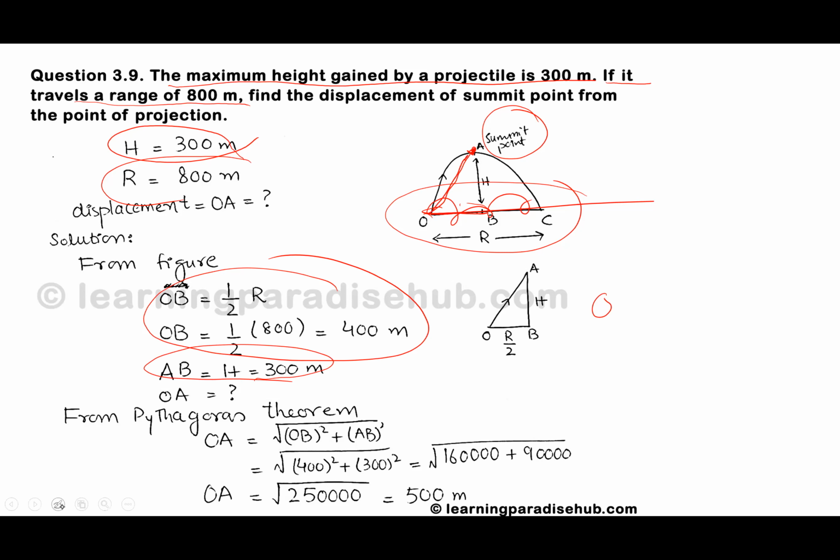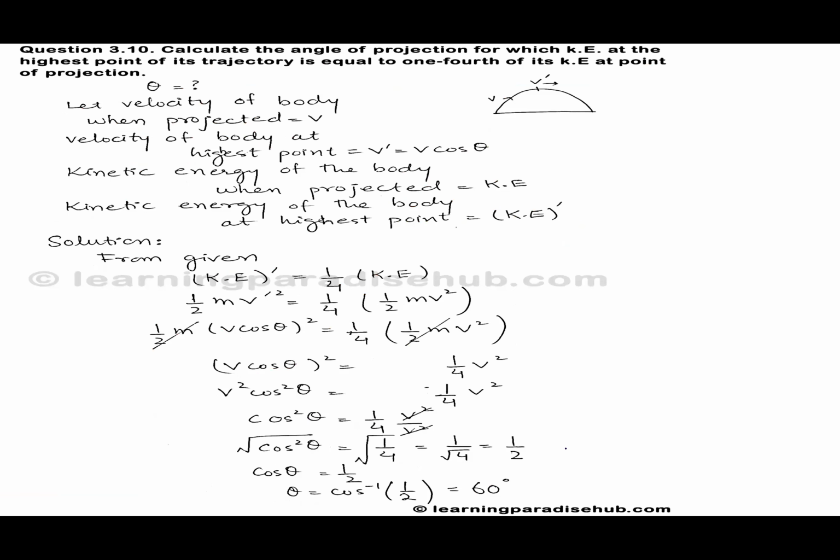I will change the color. This is the displacement. By Pythagoras theorem, OA squared is equal to OB squared plus AB squared. 400, 300, you will get the answer. This is very important from the paper point of view.